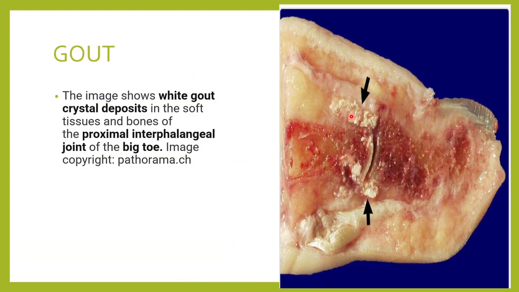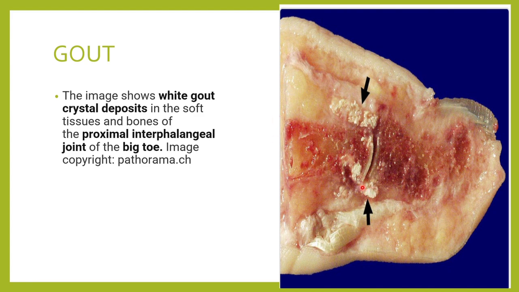So this is gout. Here I've told you that this is the deposition of the monosodium urate crystal. So you can see this crystal starts getting deposited. Increased uric acid will combine with the sodium in the blood, and these small MSU crystals will start depositing, and once they deposit, this inflammation will start, and that will cause havoc.